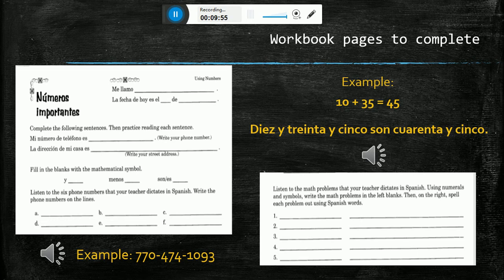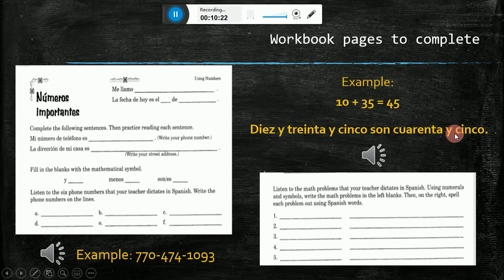Okay, so as you can see, well, you have addition problems and you have subtraction problems. Okay, so make sure you're listening for those cues. And then also that you are listening for how I changed out es and son, to write out the sentence.